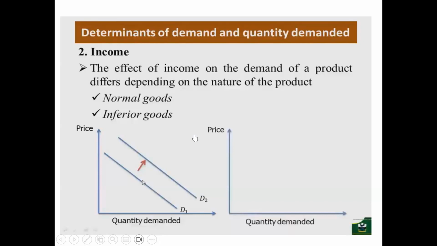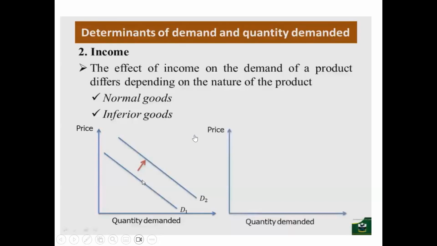So for example, for middle income people, we consider a fan as a normal commodity, but for the superior class people, they consider the fan as an inferior good because their normal good is air conditioning. So if their income increases, they will not demand fans.